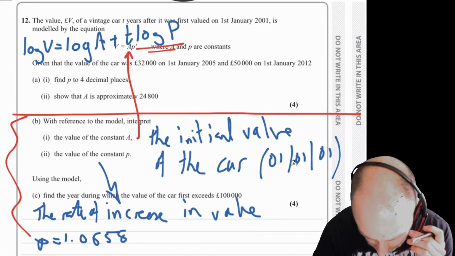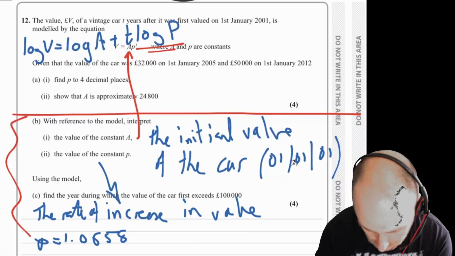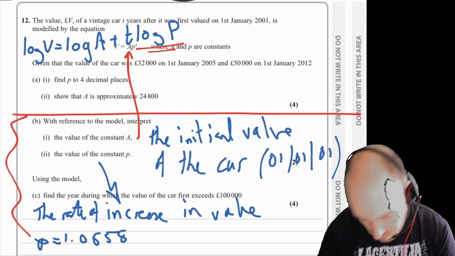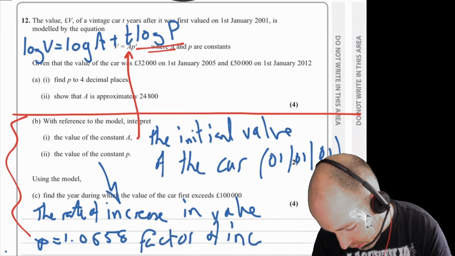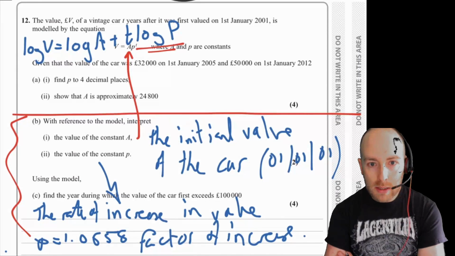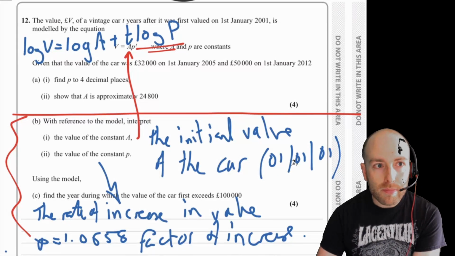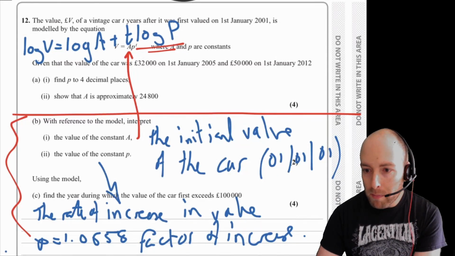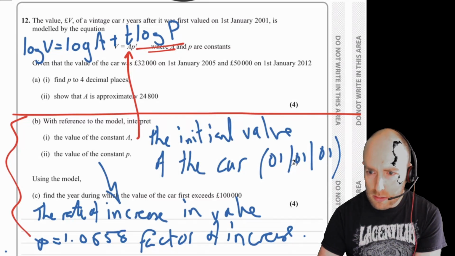So yeah, they've gone for saying it's the factor by which the value increases each year. So factor of increase. Yeah, cool. And yeah, 24800 initial value of the car. Cool. All right. Cool answer as well. Just let's sort that attendance out.